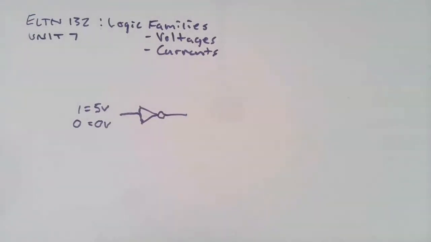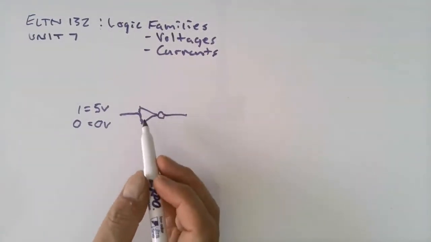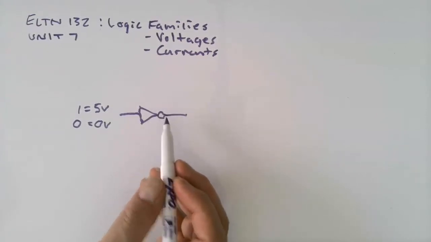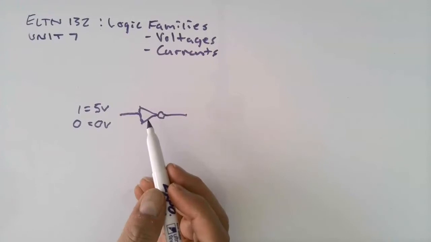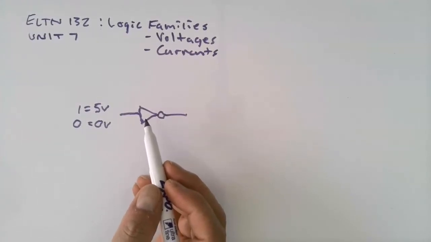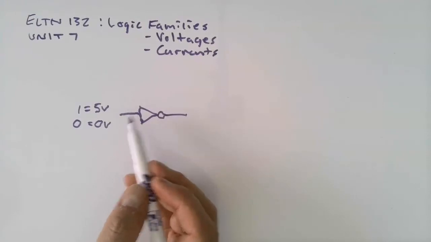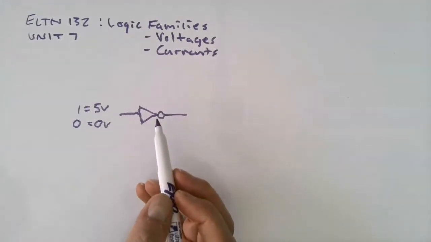But the question is, what is inside this symbol? If we opened up an integrated circuit, you would not see this little triangle with a bubble on the end. That is a symbolic representation of the logic function that it performs. We're taking the input and inverting it from a high to a low or a low to a high.